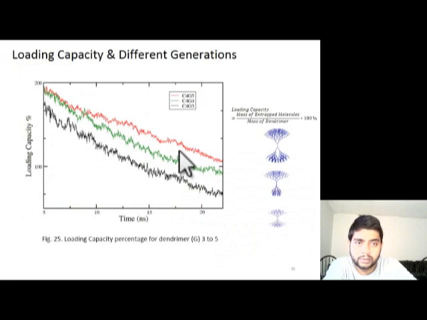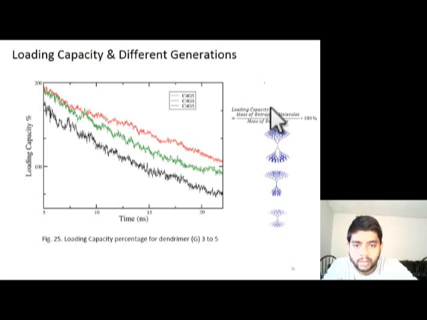And also we try to fit those data into loading capacity of different generation.